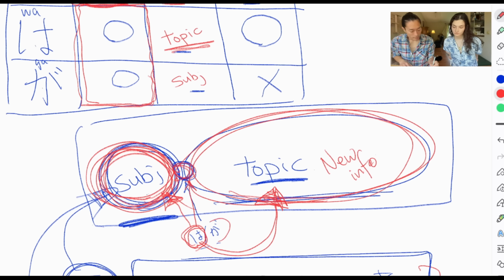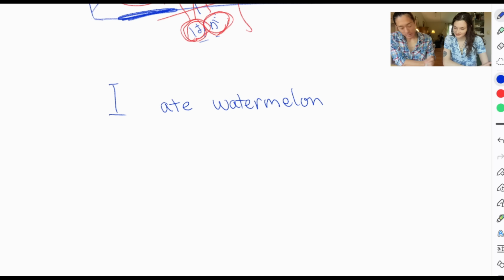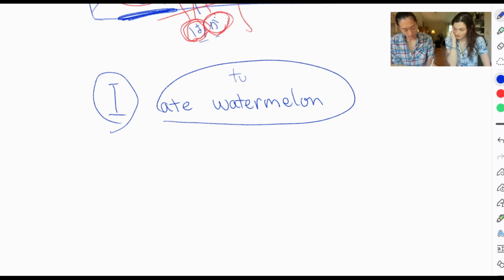If you instead put ga to make this noun the subject of the sentence, at the same time, you are emphasizing the subject. So this sentence, can you first divide it into the two groups, subject and topic? I, subject, and then ate watermelon is the topic. Good.